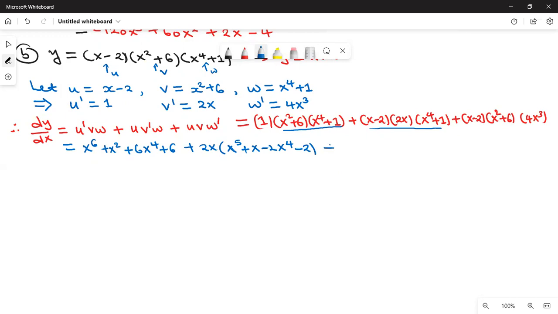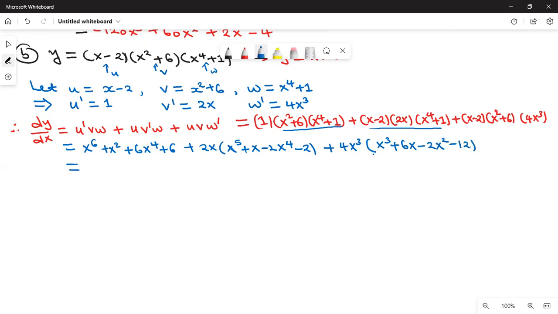Then plus, let's factor out 4x cubed, so that we have x cubed plus 6x, then minus 2x squared minus 12.